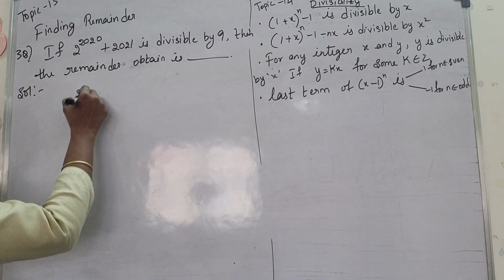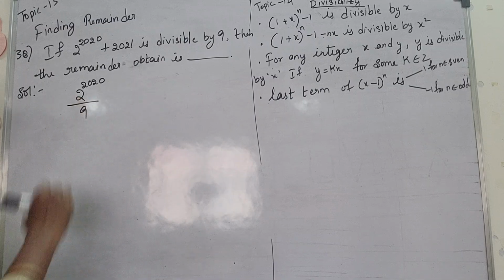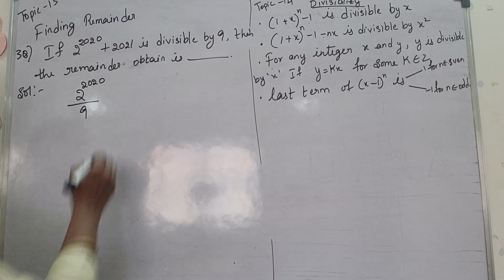So first we'll find 2020 divided by 9. First we'll find that, and later we'll go for that.